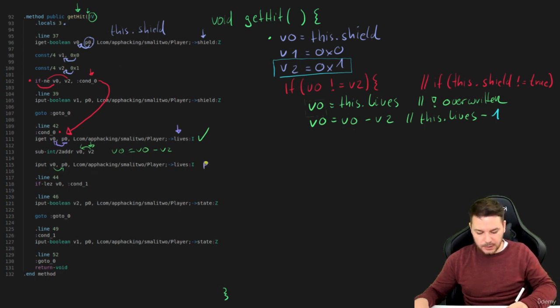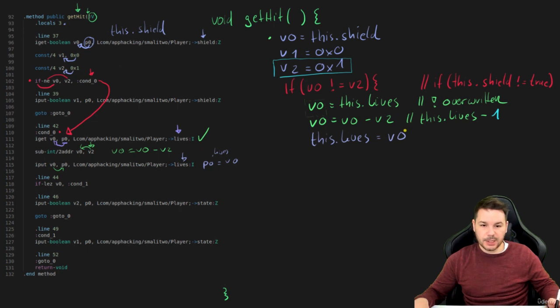This.lives is now equal to v0. All right, we just subtract 1 from this.lives and put it back into this one.